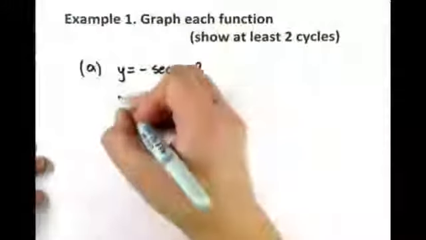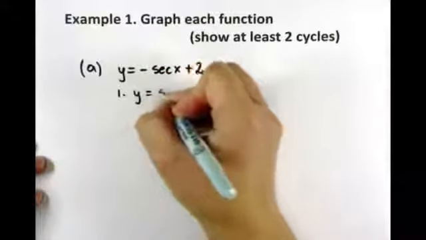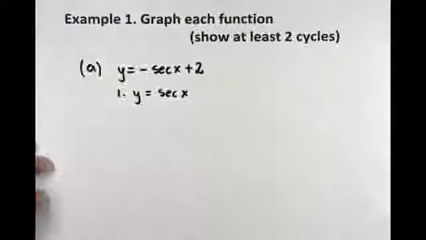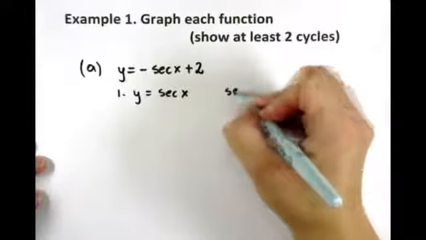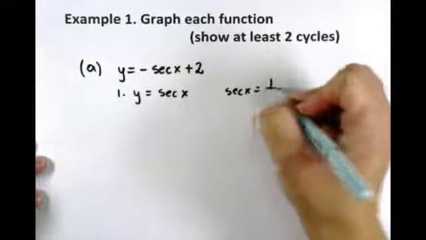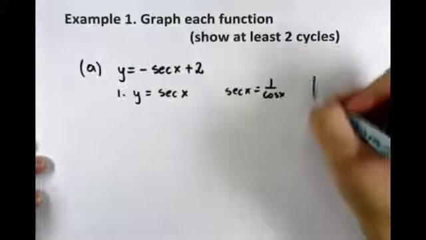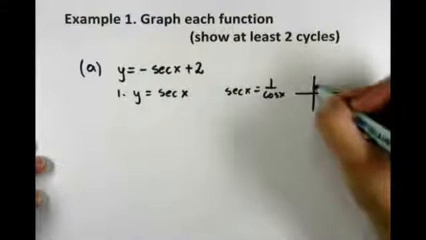So first we will start with the graph y is equal to secant x. And secant x, I know that secant is 1 over cos. So the graph of cos was the V shape.